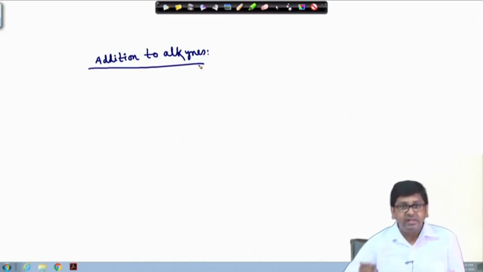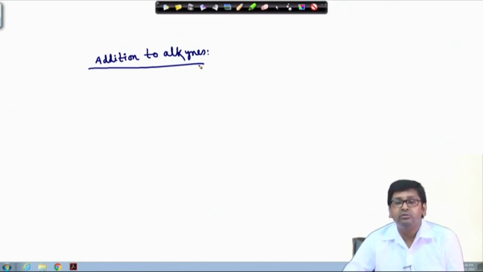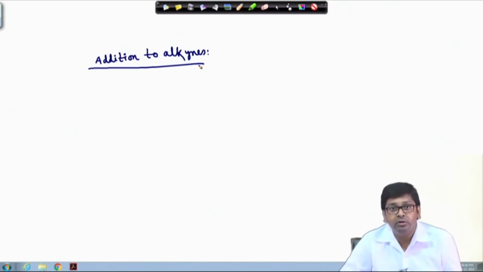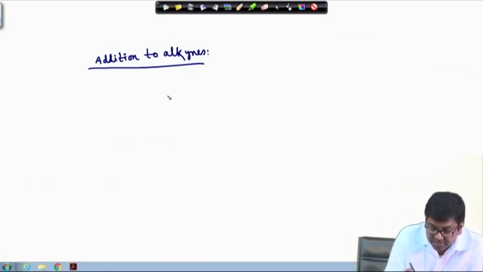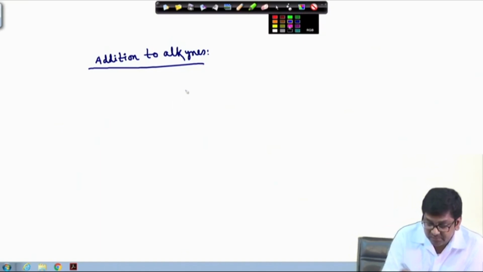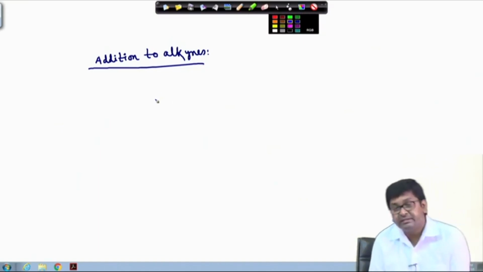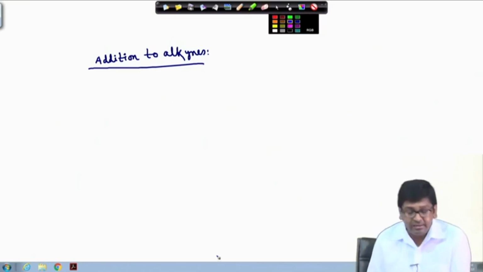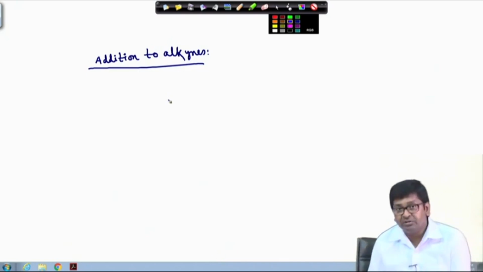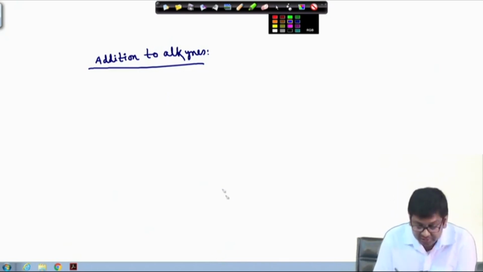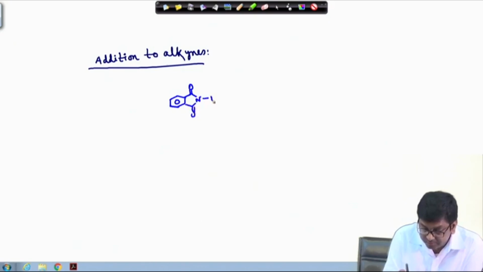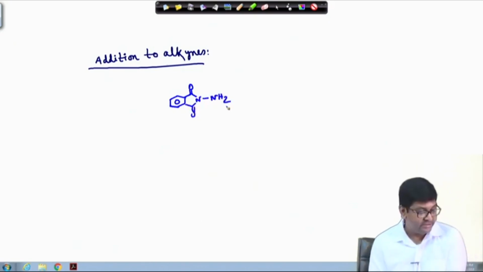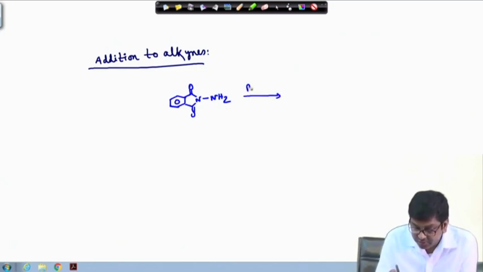In a similar way here, nitrenes, which are also electron deficient species, are going to react with the alkynes. As per example, first we will take this N-aminophthalimide type of species, which after oxidation will give the corresponding nitrene. This N-aminophthalimide derivative in the presence of an oxidant.